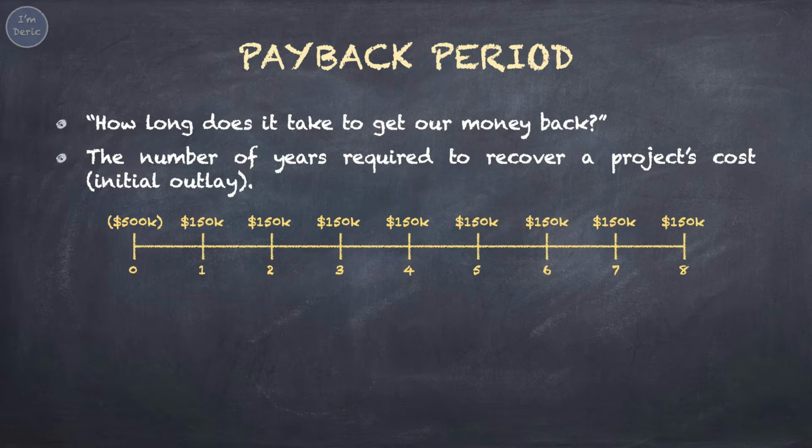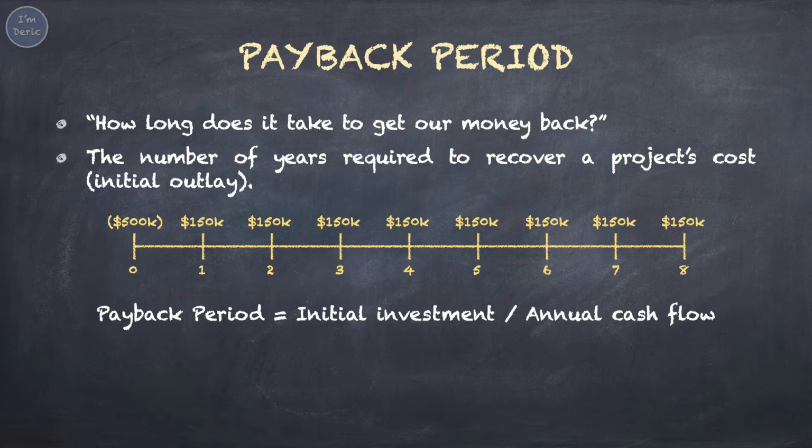Let's take an example. Look at the timeline. Let's say initially you invest $500,000 in one project. After paying $500,000 at year 0, afterwards every year you will earn back $150,000 for 8 years. To calculate the payback period, we can apply a simple formula.